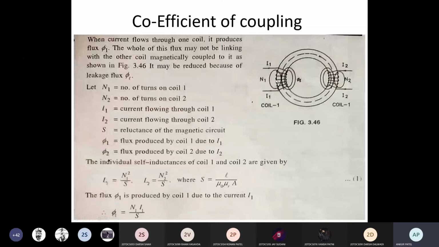K equal to 0 means both coils are isolated, so there is no linking of flux between the two coils. Here on the right-hand side you can consider coil 2. If K equals 1, both coils are tightly coupled, meaning maximum flux is linked by the two coils.